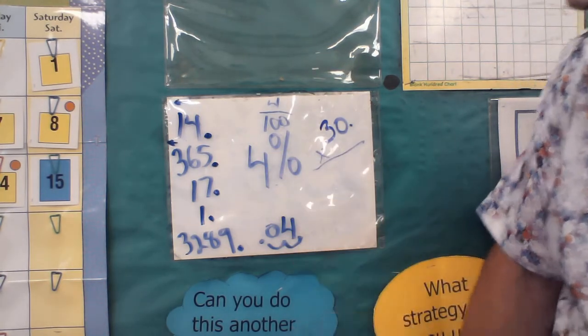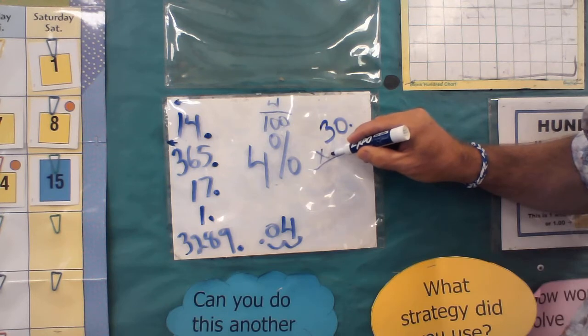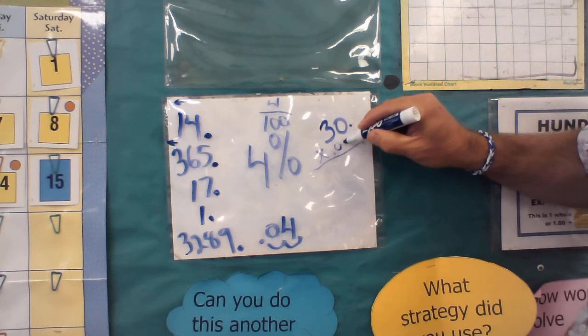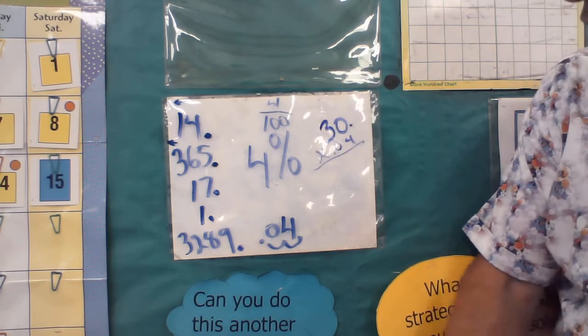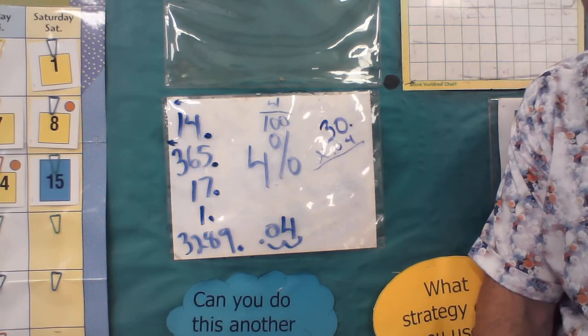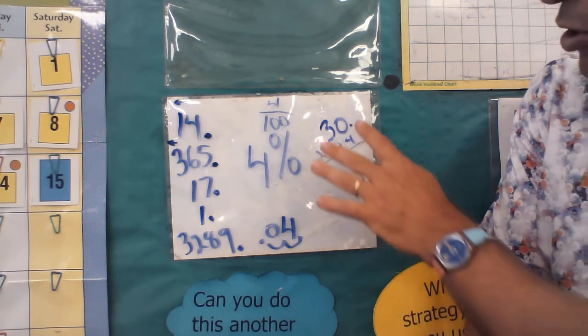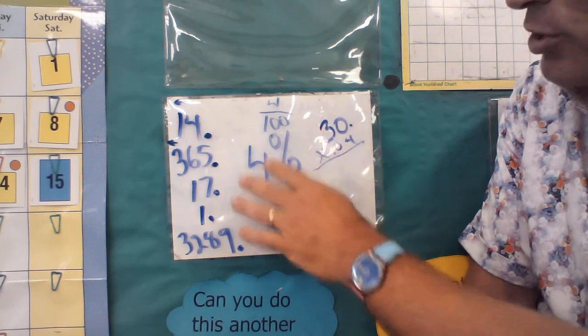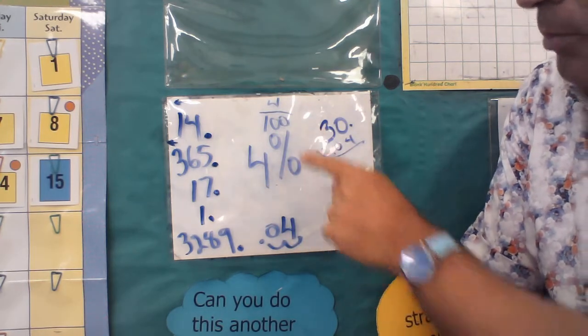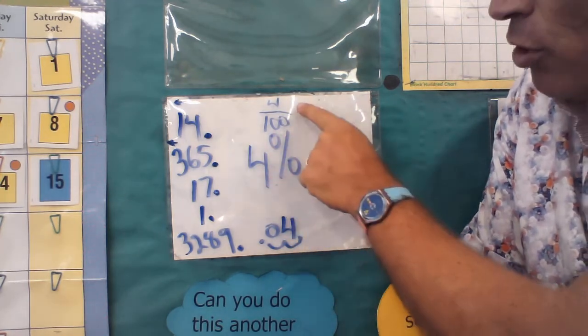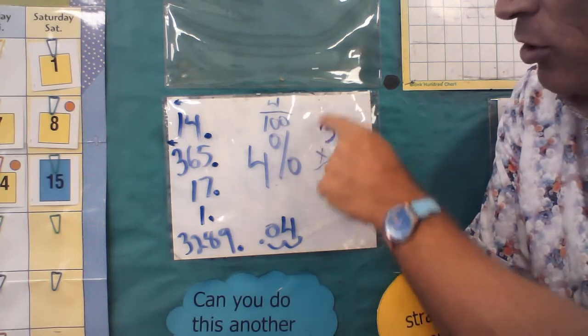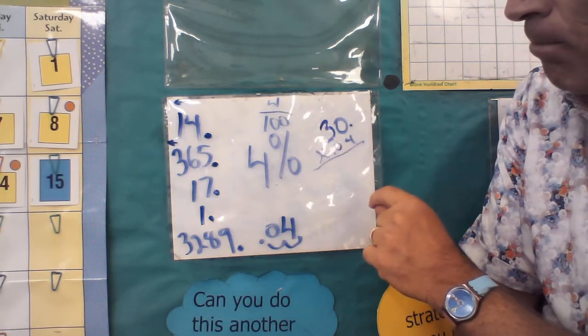And I know it is 4%, so I write 0.04. I will teach you how to multiply with decimals a little bit later. I just wanted you to know that when you get a percent and you have to convert it to do a problem, first of all, how do you know which one to do? And how do you look at a number and know which one to pick?